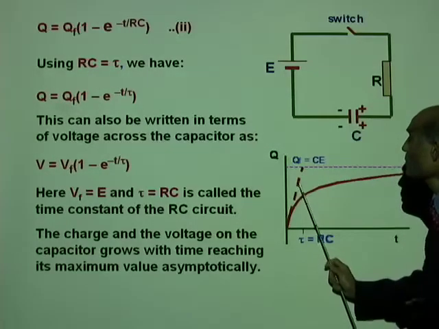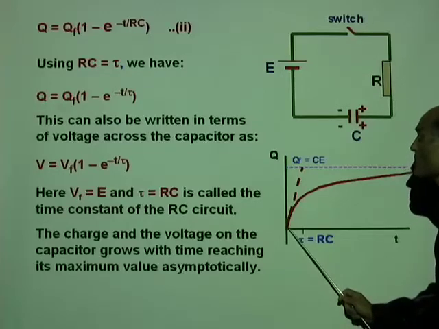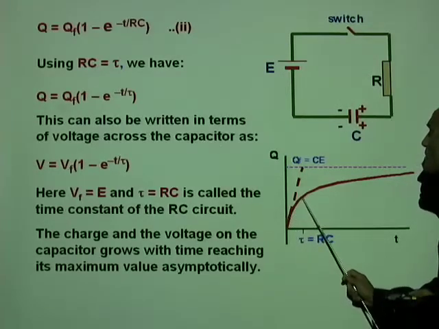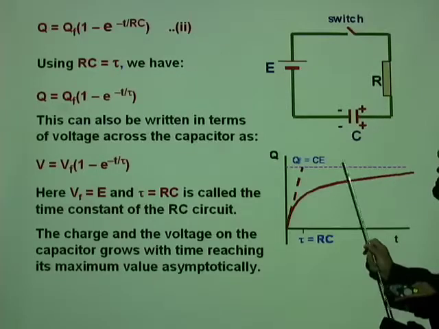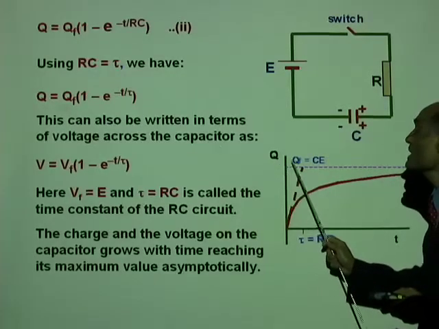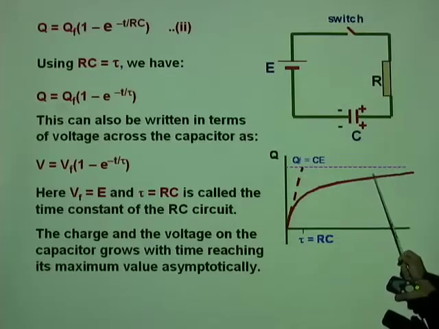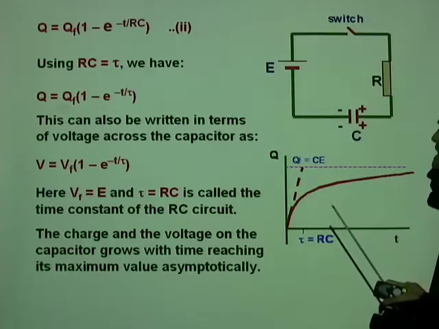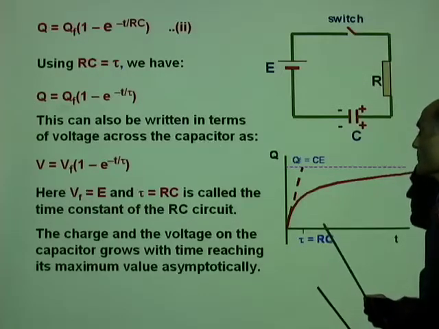This is how the amount of charge is 0 in the beginning, and with time it will increase and approach asymptotically QF equals CE. That is the horizontal asymptote. It will take a very long time to reach that value, and tau equals RC.